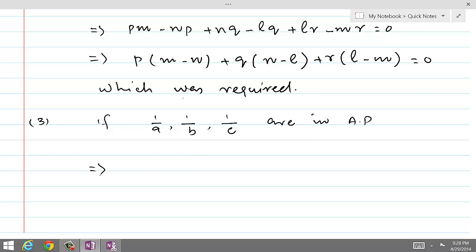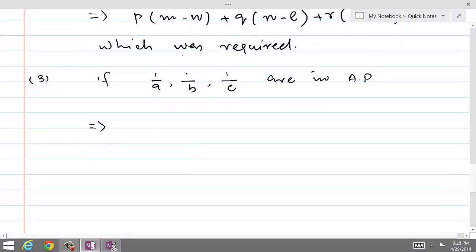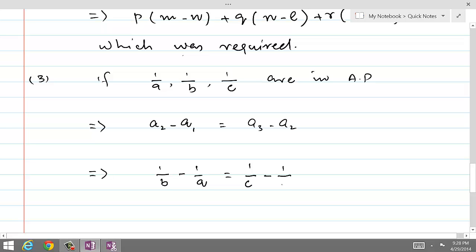The criteria is that the common difference is the same. This means if we subtract A2 minus A1, that is going to be the same as A3 minus A2. This means that 1 over B minus 1 over A is equal to 1 over C minus 1 over B.